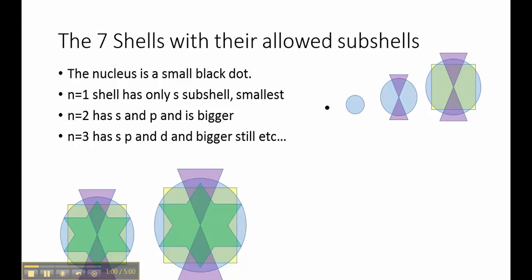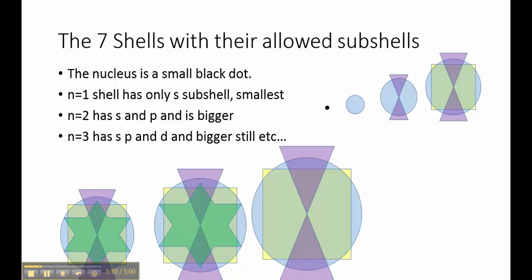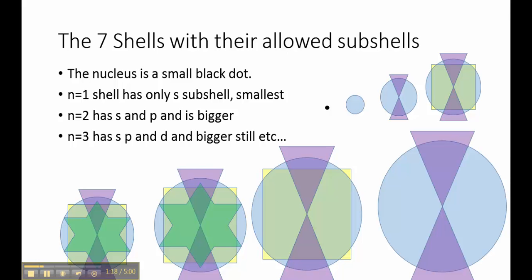Starting with the n equals 4 shell, we have access to all 4 kinds of subshells. N equals 5 similarly has all 4 kinds. But the n equals 6 shell, as far as we know with our current periodic table, uses only S, P, and D. And n equals 7 has only S and P.